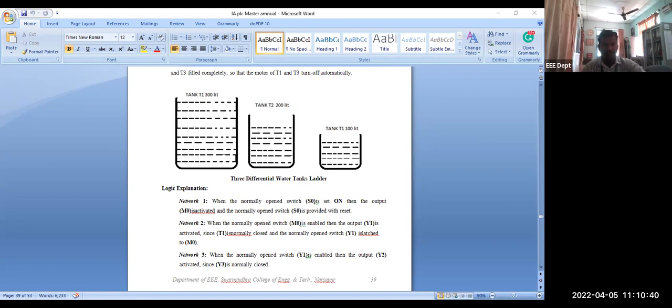Reset to Y1. Y1 means this is Y1. Again we will turn on the condition. We will run the system once again and compile it.